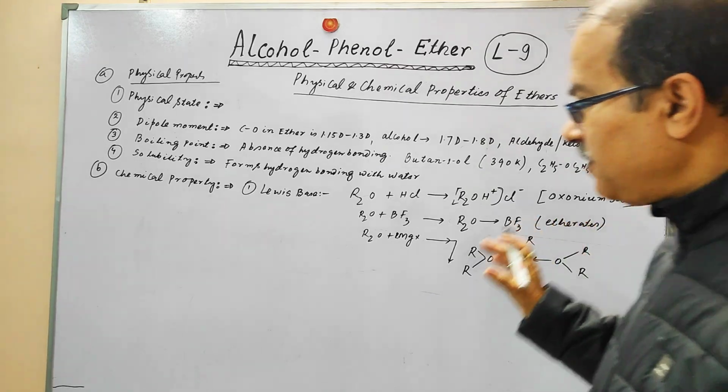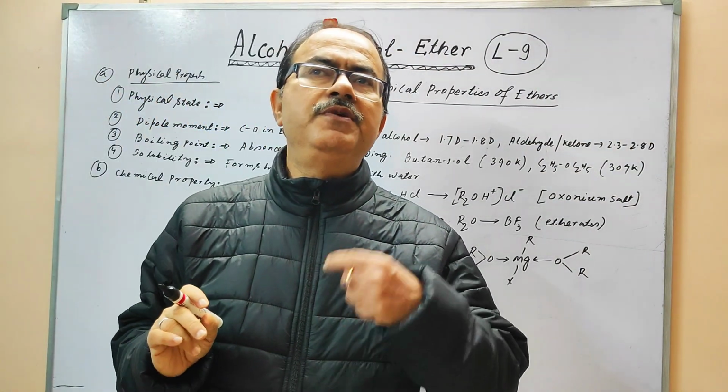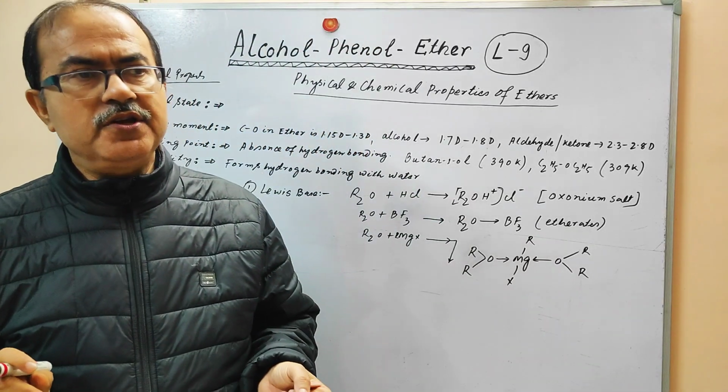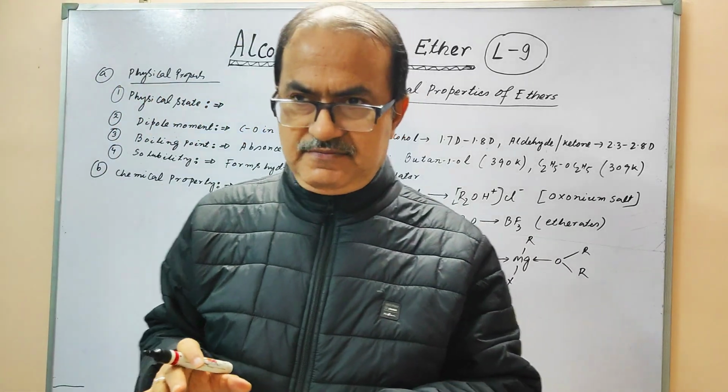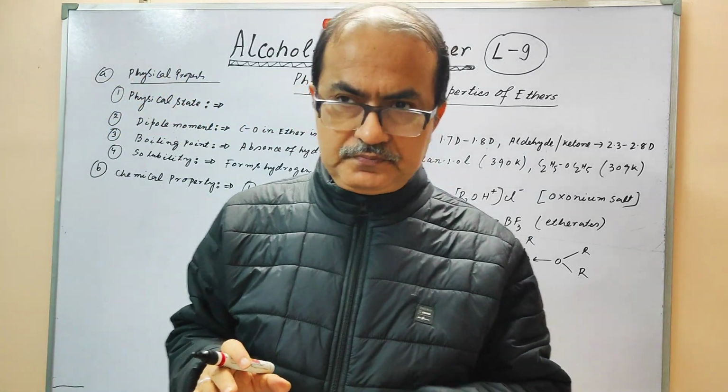So this forms the etherates, and that is why the Grignard reagent, when it is produced, is dissolved in ether. The ether makes a coordination complex.